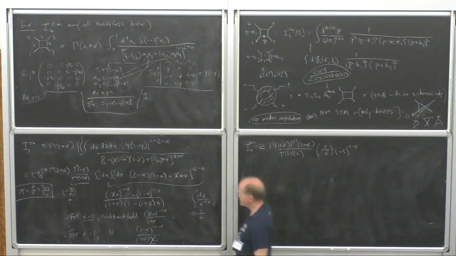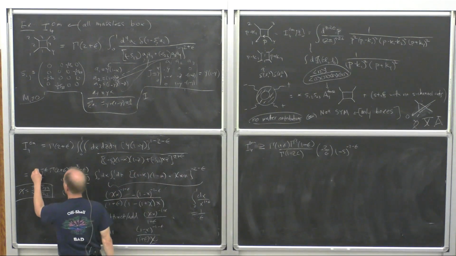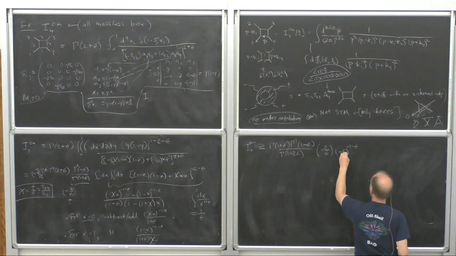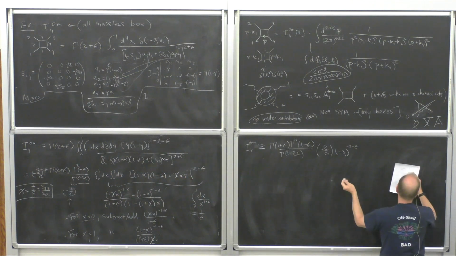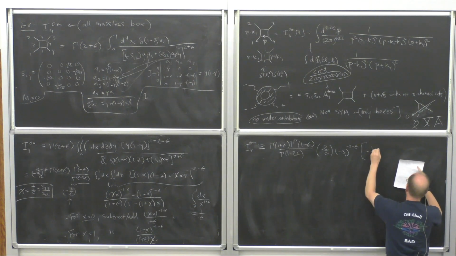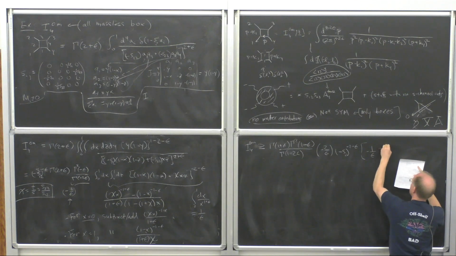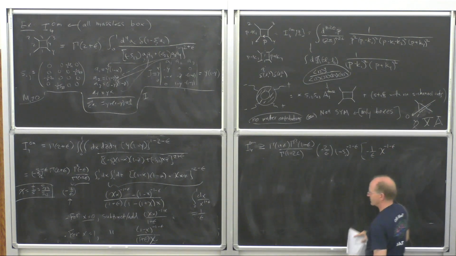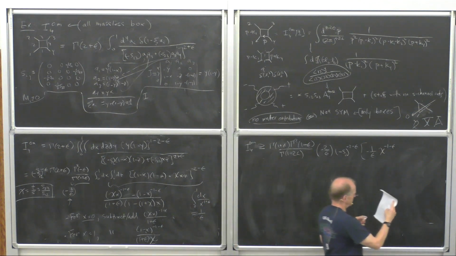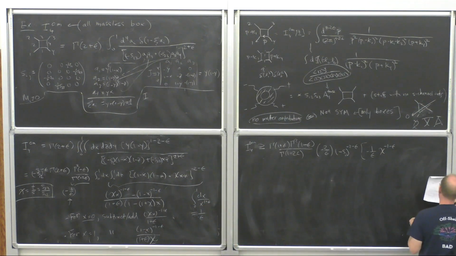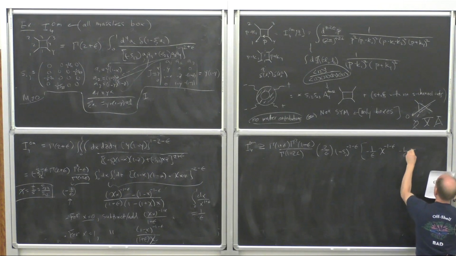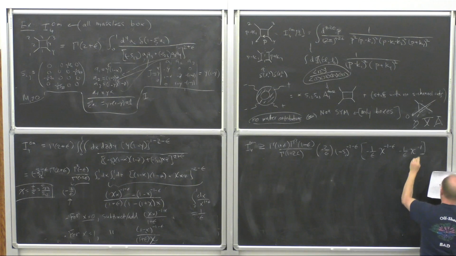I think I forgot a 2 over here. S is S12. And then there's a minus 1 over epsilon times a chi to the minus 1 minus epsilon, which comes from integrating this term. And there's a minus 1 over epsilon times a chi to the minus 1 from integrating the second term.